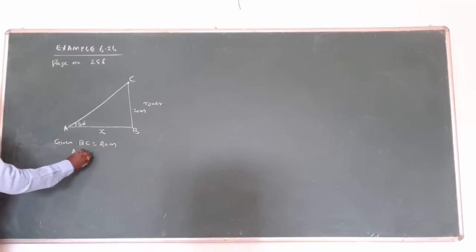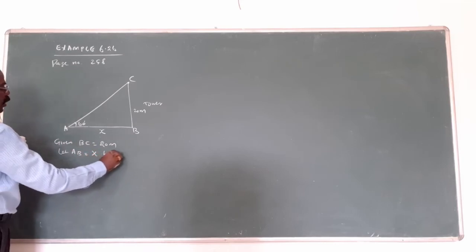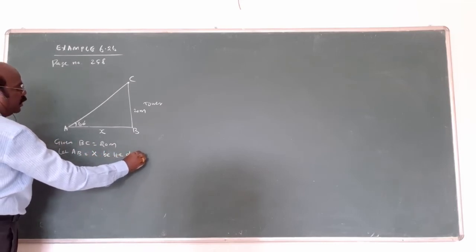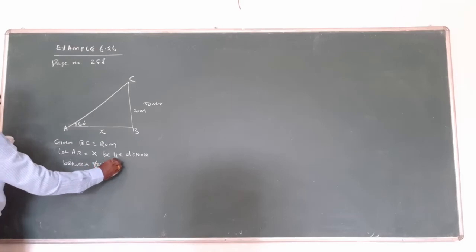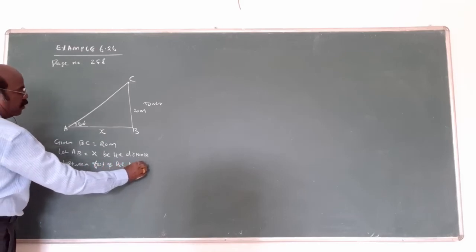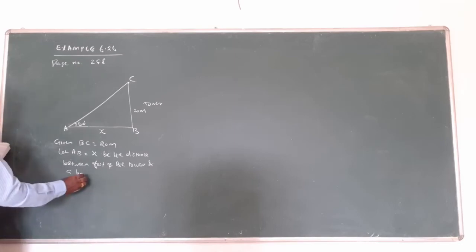Then let AB equal to x be the distance between the foot of the tower and the ball. And here is the position of the ball. That is what is asked. Am I right?